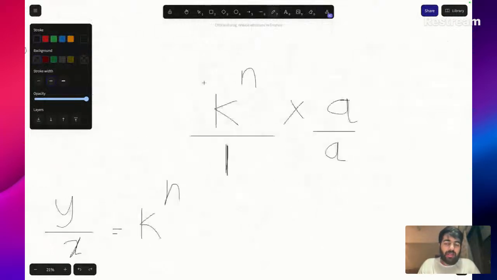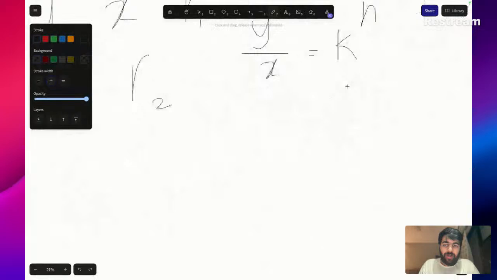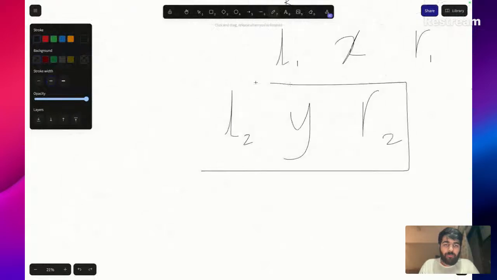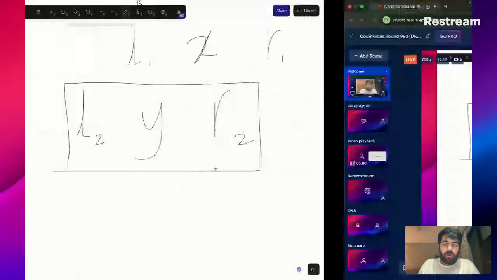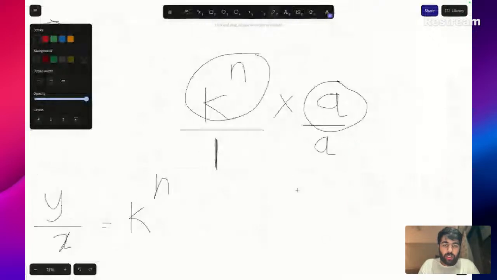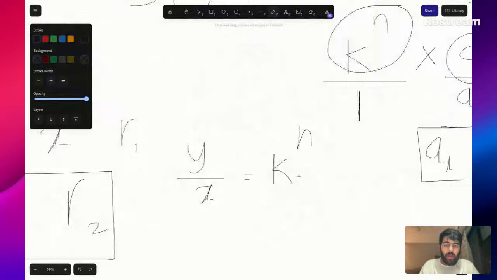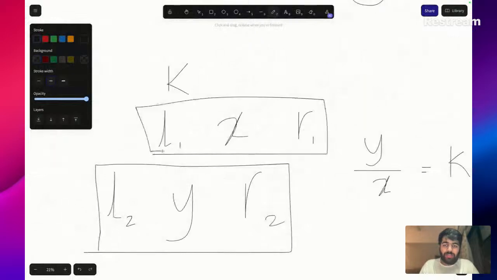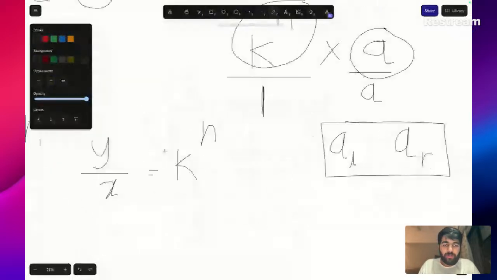So k raised to n multiplied by a has to fit in the range L2 to R2. So now I'll also get a range AL to AR, and the second thing is my AL to AR has to fit in L1 to R1.